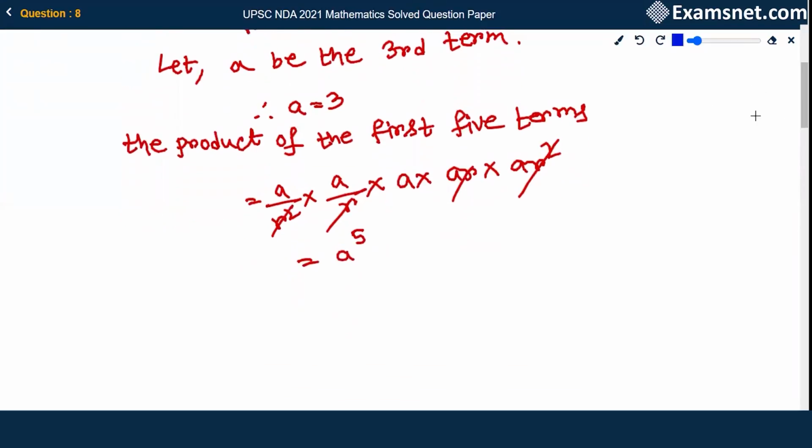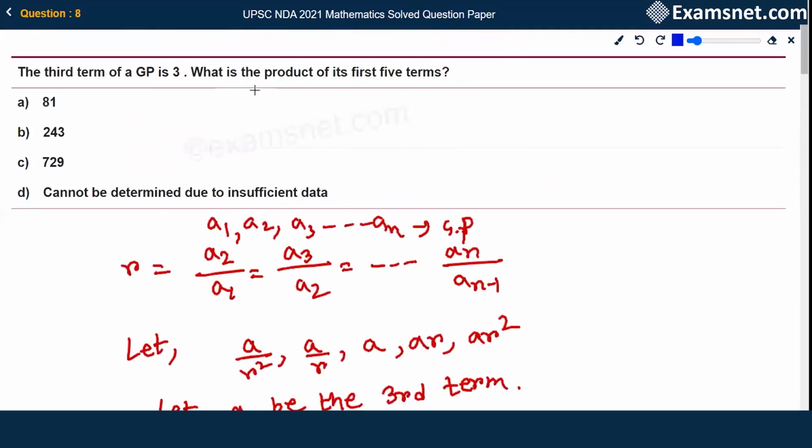Since we have A as 3, therefore 3 to the power 5 will give us the value 243. So here the correct answer to what is the product of its first 5 terms is 243.